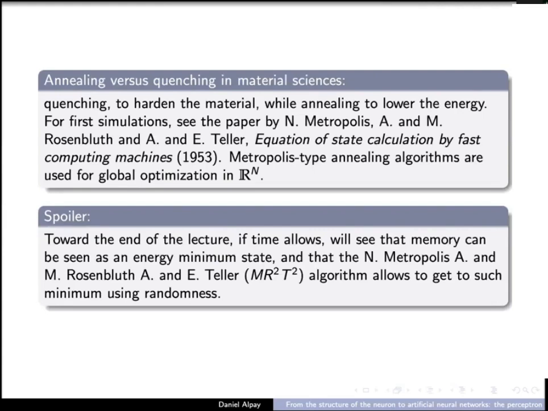Teller here is the Teller of the hydrogen bomb, and they introduced a random method just to get a lower energy. And the idea is that memory, and this is towards the end of the lecture, at least in artificial neural networks, can be seen as energy minimal states in dynamical systems. So this is, if you want, the connection with Metropolis and Teller.